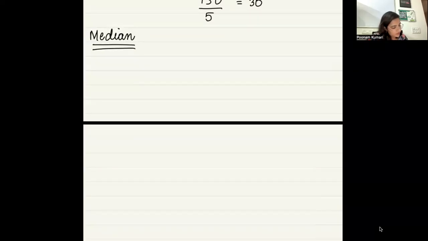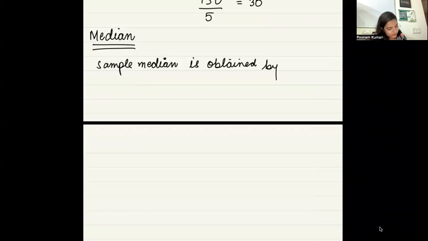If you have to calculate the sample median, what do you do? First, you have to order your data. Let's say you have a data which has n data points.